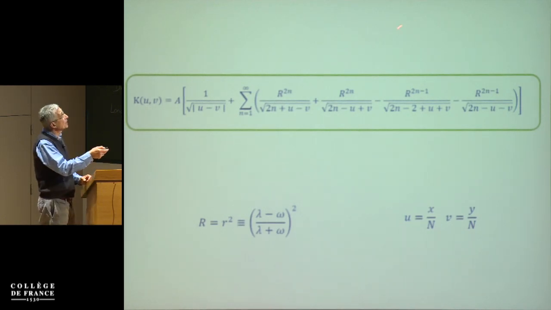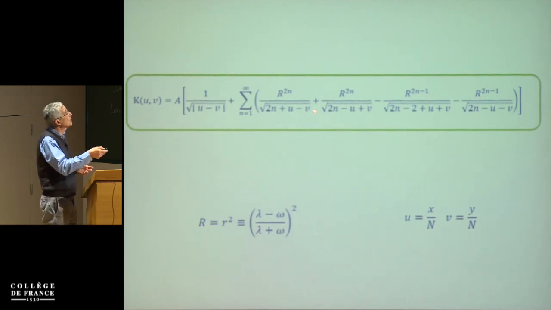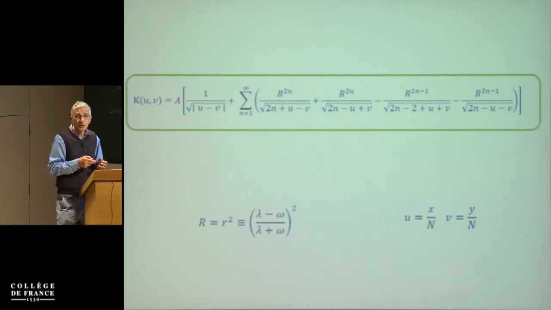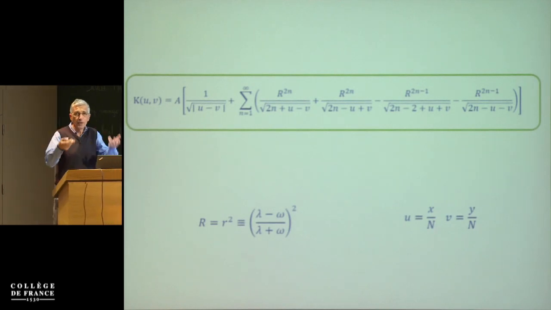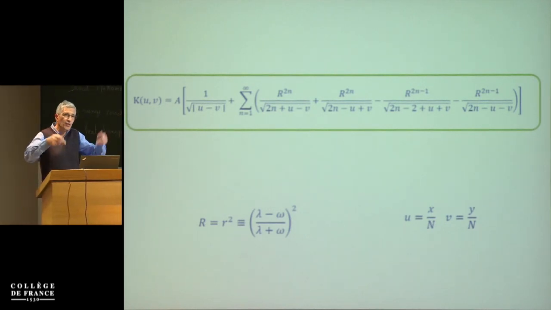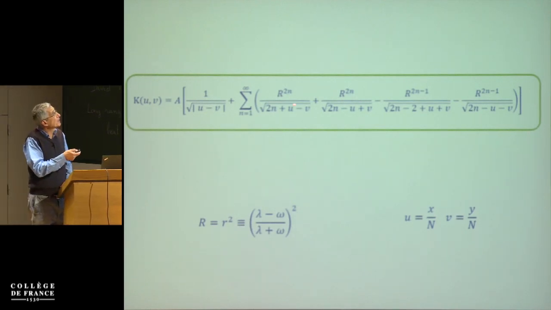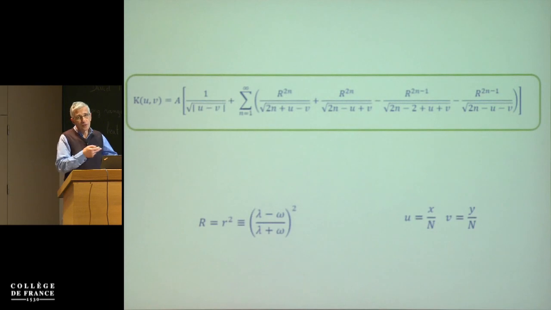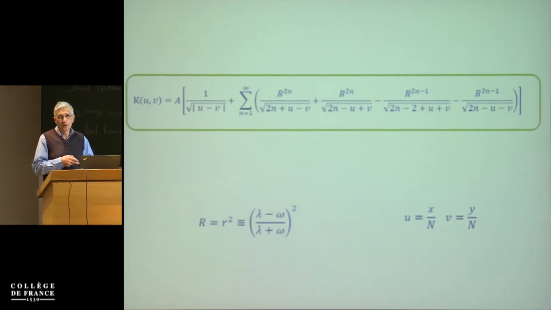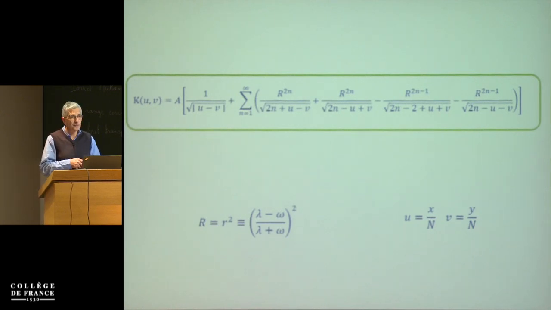If the correlation function is just 0, consider the case where lambda is equal to omega, then the kernel is just given by 1 over square root of u minus v. That's what I mentioned at the beginning, that the kernel goes like 1 over x minus y to some power. But if there are reflections, one has to take all these terms into account, and as we'll see, they would affect the temperature profile of the system.